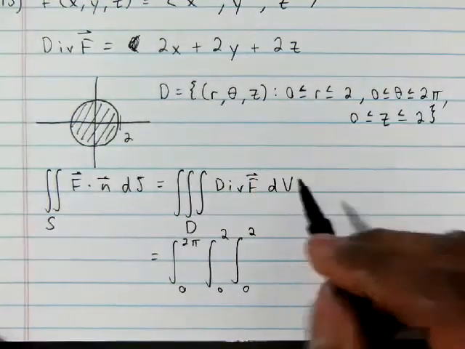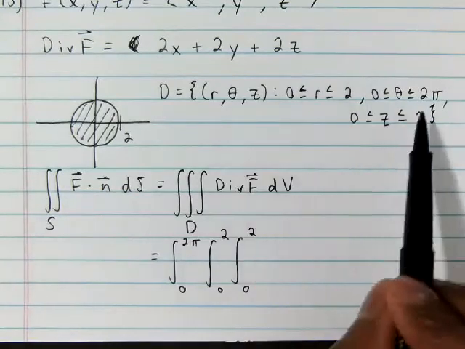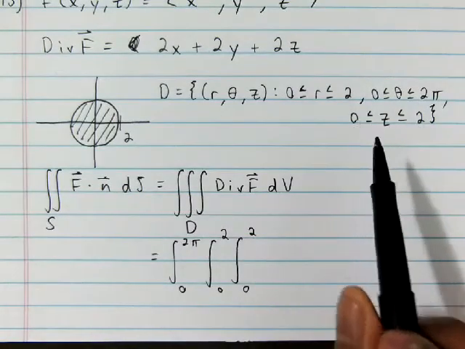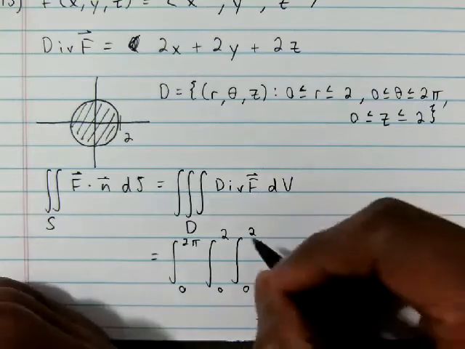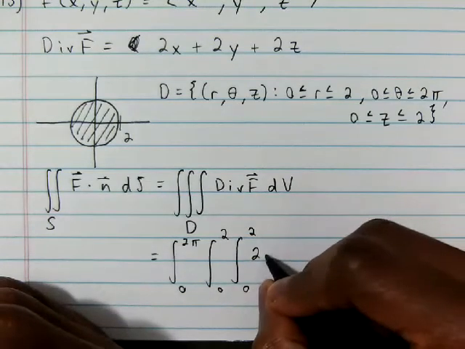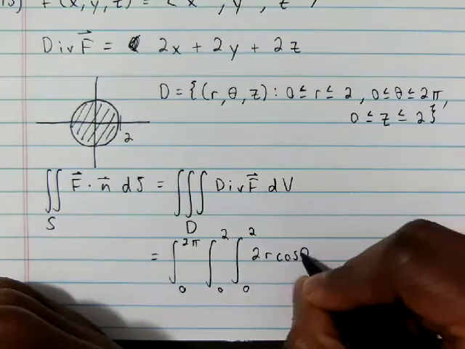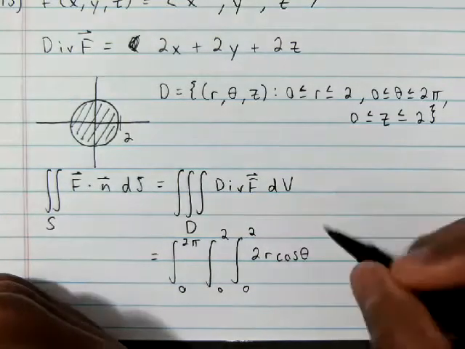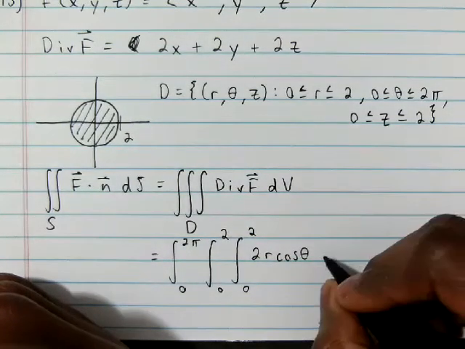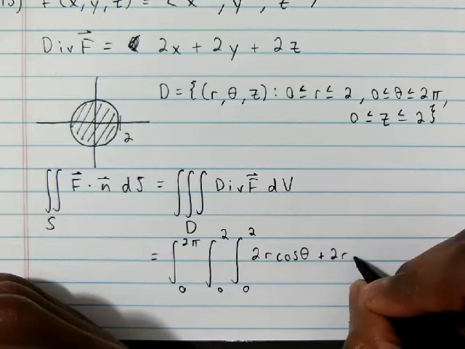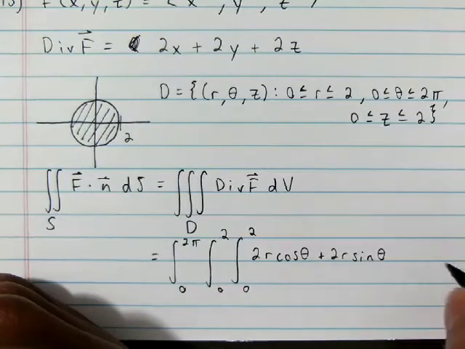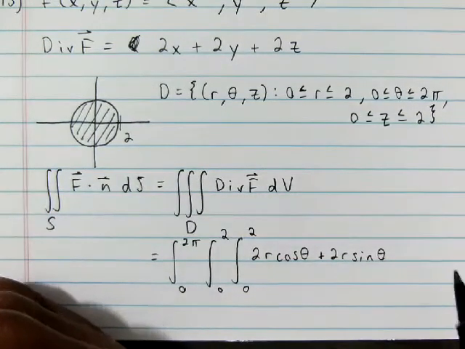But remember, we're switching to cylindrical coordinates, so x is equal to r cosine theta, giving 2r cosine theta. Our y is equal to r sine theta, so plus 2r sine theta, and then plus 2z.